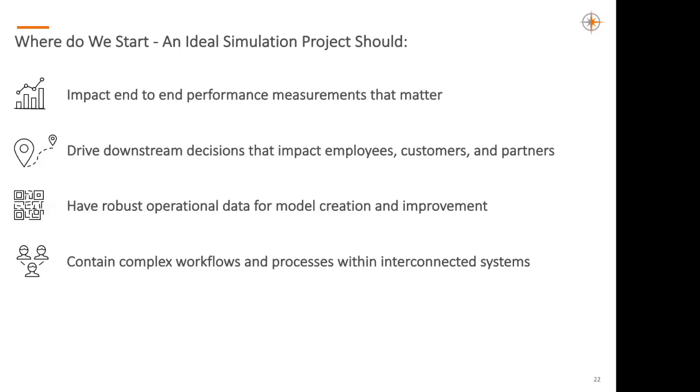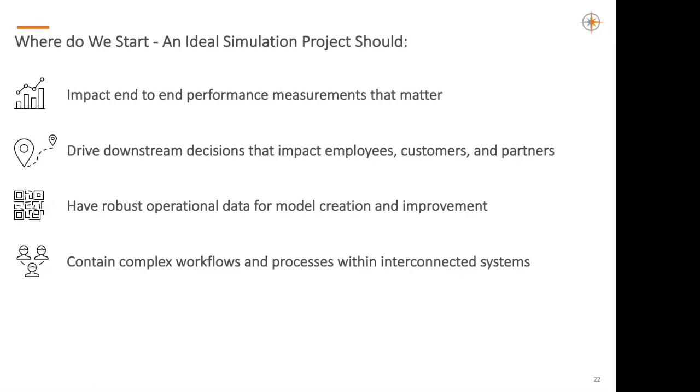So in other words, if you've got a critical process where the service level agreement needs to be hit, or there are fines that are dished out either by your customer or a federal regulation because you don't hit that SLA, then that end-to-end performance definitely matters. And that might be a good target to build a simulation model around.